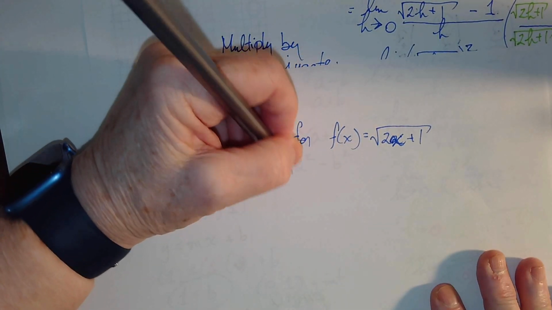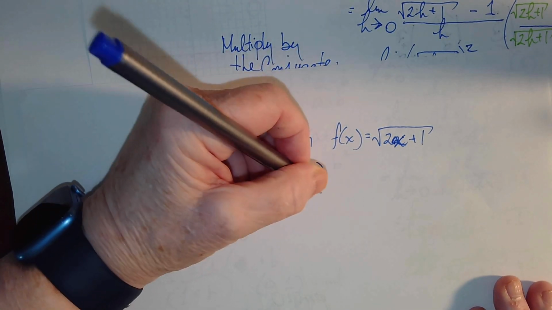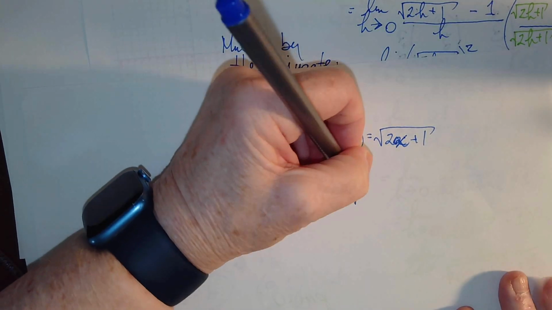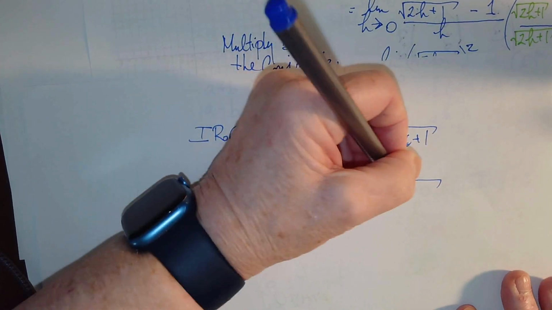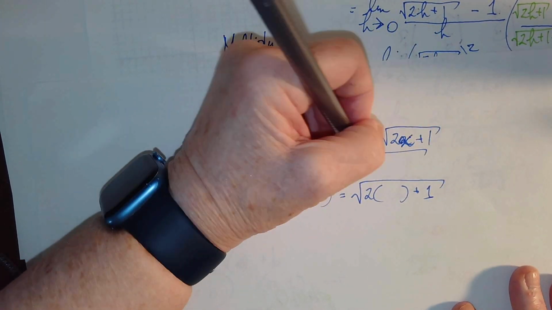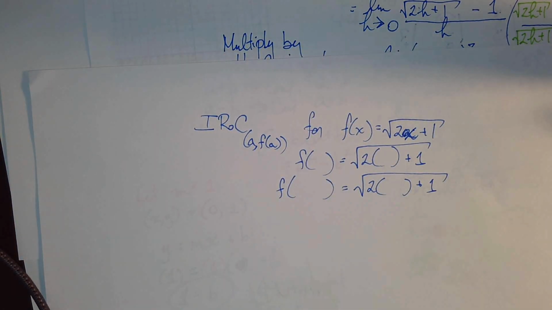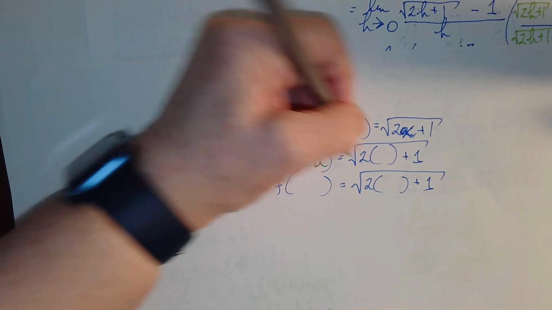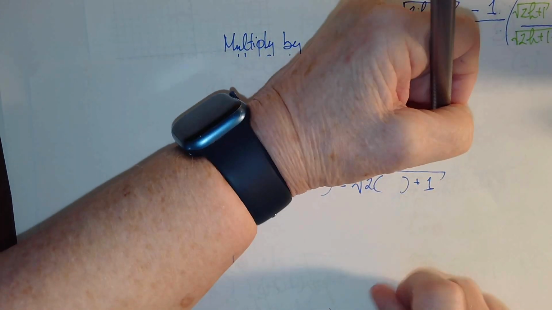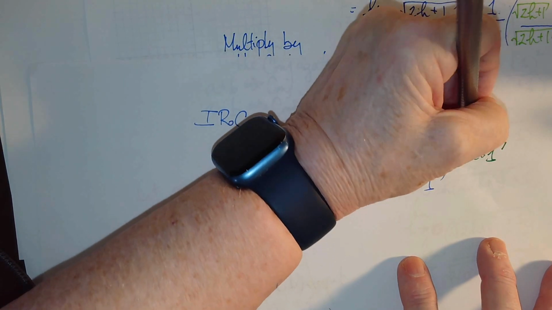So we need f(a) and f(a plus h). Okay, f(a), we just substitute in an a, and we get 2a plus 1.